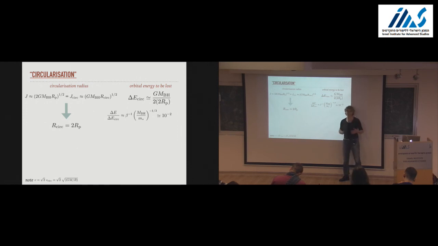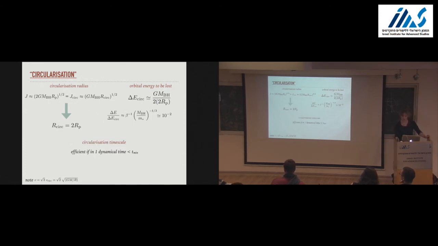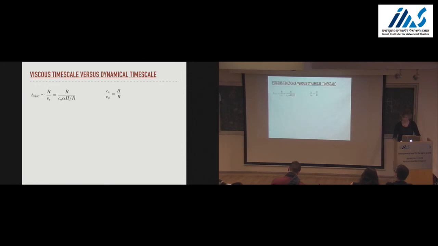And so that's why we think that outflows are involved. And I think Svijo will talk about it. Yeah, so he has an opinion, so that's good. And I'll let him. If it is efficient in the standard picture, it means that it's circularized at this timescale. And that's it.